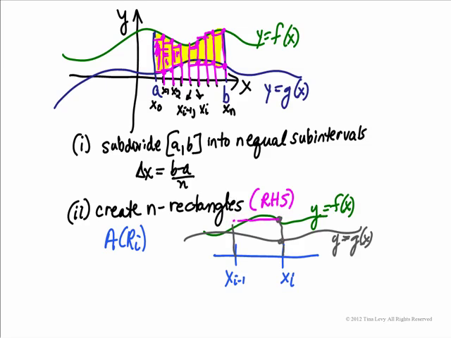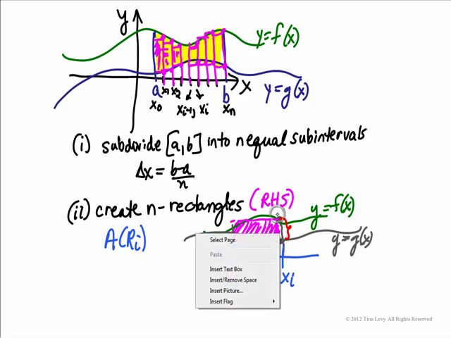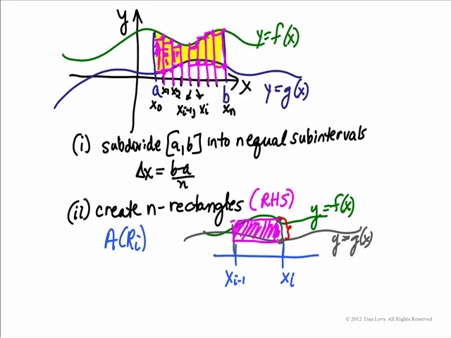With that typical rectangle, we can now come up with an expression for its area. The area is this length, and that length is the higher value. So the length of this rectangle is the higher f of x sub i minus the lower g of x sub i.